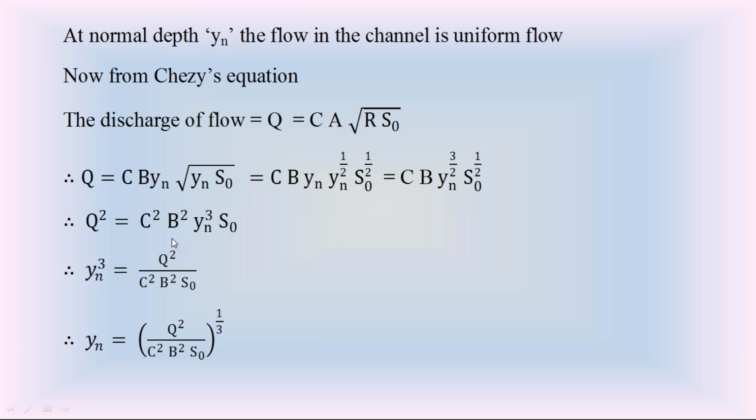So Yn cube is equal to Q square divided by C square B square S naught. So the normal depth Yn in the wide rectangular channel is equal to Q square by C square B square S naught whole power 1 by 3. This is the equation in open channels to find the normal depth Yn.